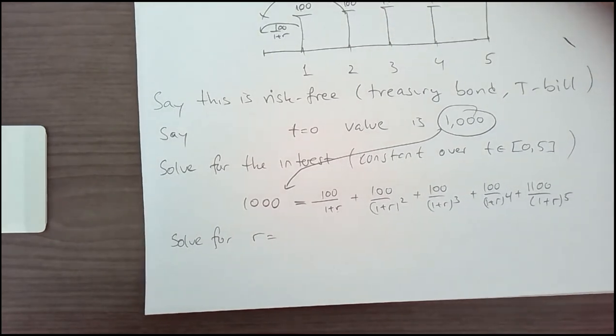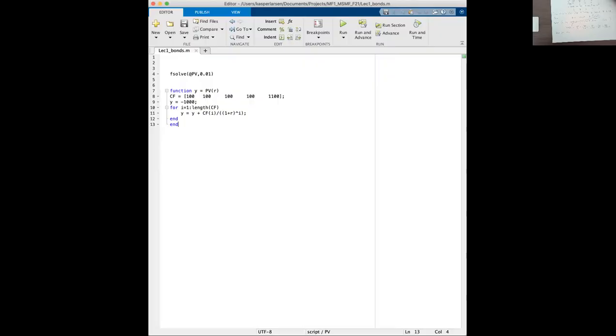All right, so let me do it here. This is my cash flow. I'm going to use a built-in command, just like paper, but now it's called fsolve.